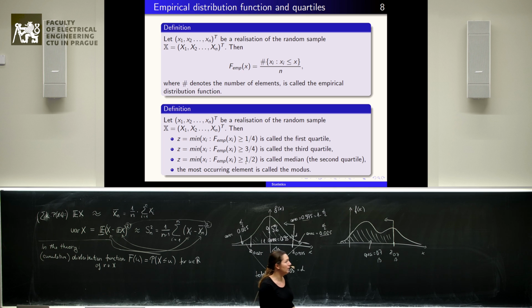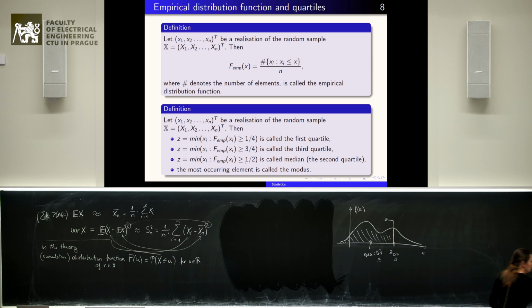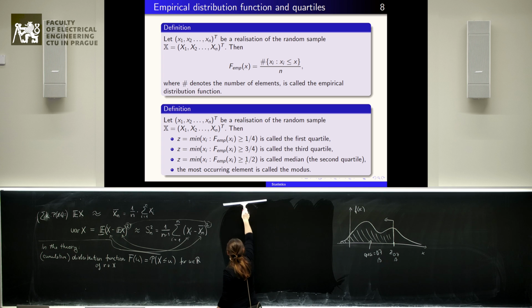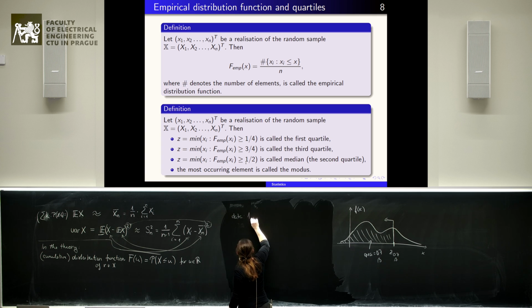Imagine that we have only the random sample. And consider a concrete realization of random sample, for example, 1, 2, 2, 3, 5.